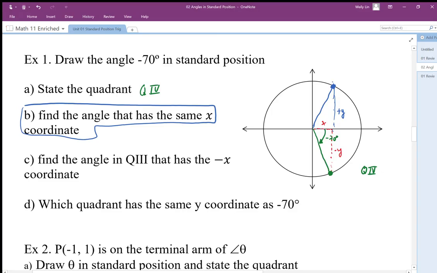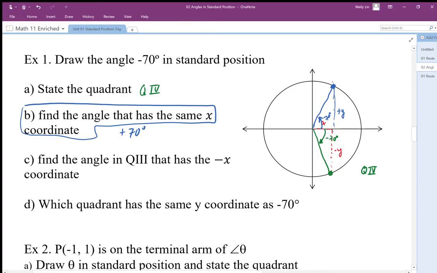In fact, we can find that angle because we know symmetrically that's going to go the same distance in the positive direction as it did in the negative direction. So that's going to be a positive 70 degrees. And again, we're just using the fact that these two triangles are symmetrical, so they share the same pieces. Maybe not in the same directions, but they share the same pieces.